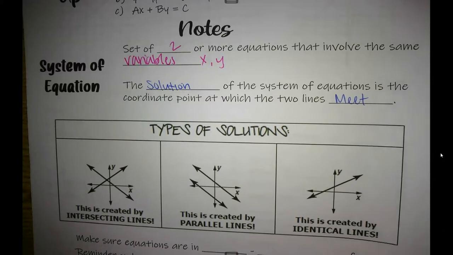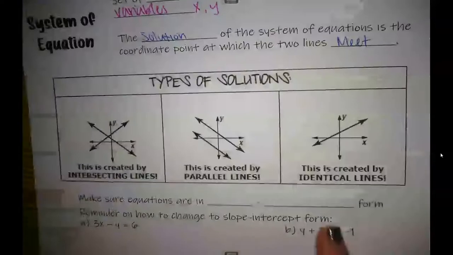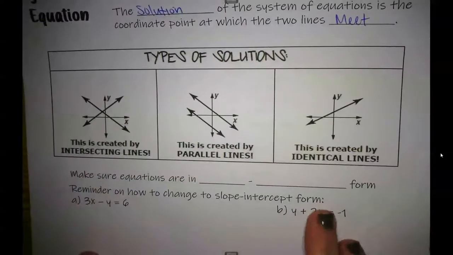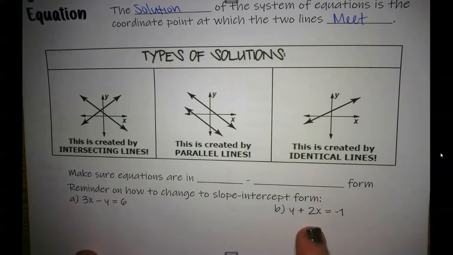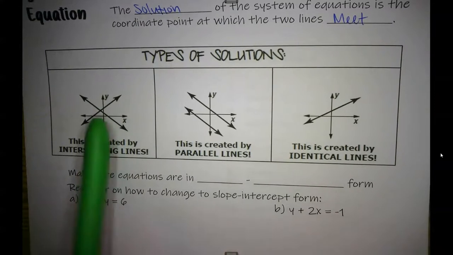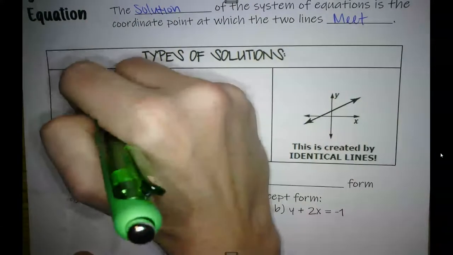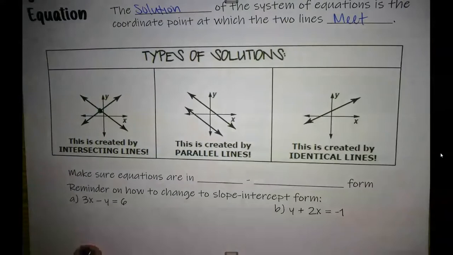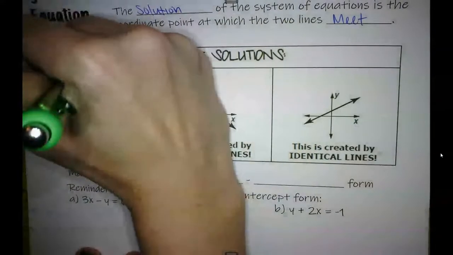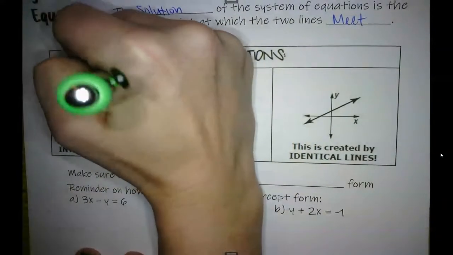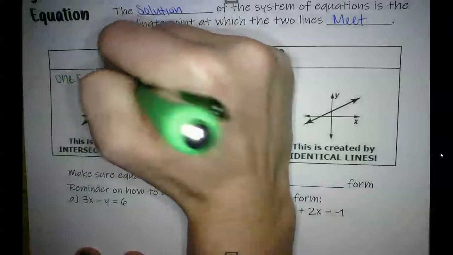So we've got three types of solutions. This one right here, where we got both of these lines and they meet at this point, we've got one solution, and that will be that x and y point.